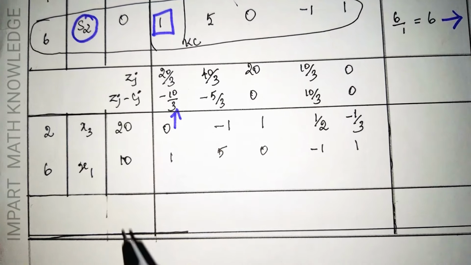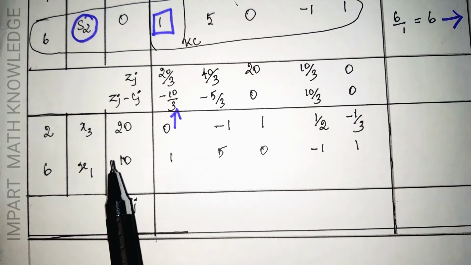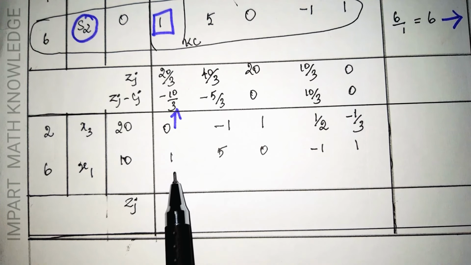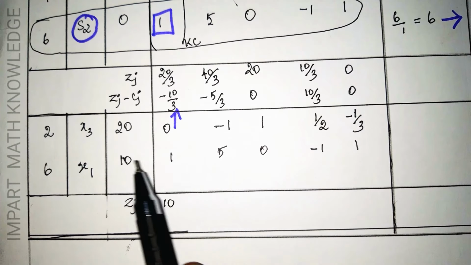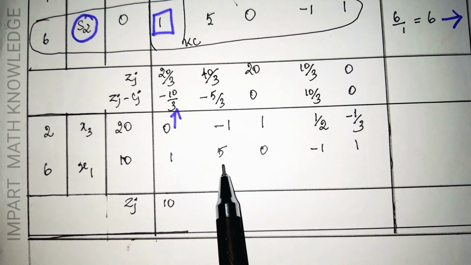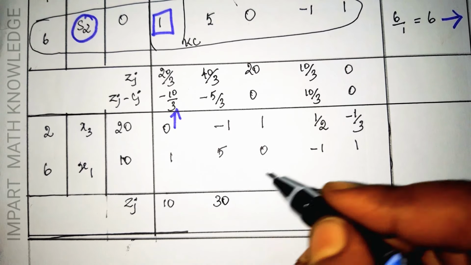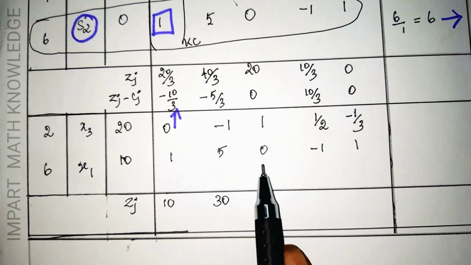Now in the usual manner, you can find Zj. Zj is very simple. 20 into 0 plus 10 into 1. So the value is 10. Here 20 into minus 1 plus 10 into 5. That is minus 20 plus 50. So the value is 30. 20 into 1 plus 10 into 0.